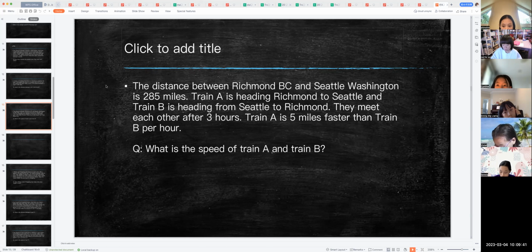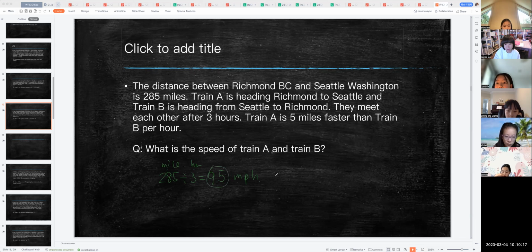First of all, we know exactly the total distance, and we know when they meet. So 285 divided by 3 equals what? 95. So 95 miles per hour. Miles divided by hours equals miles per hour.